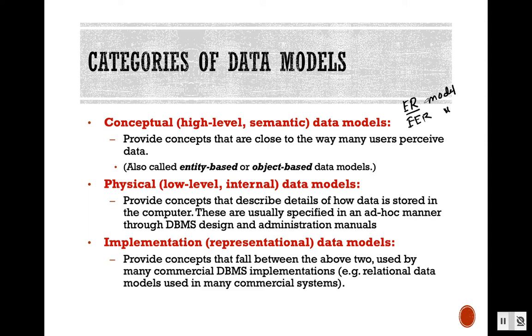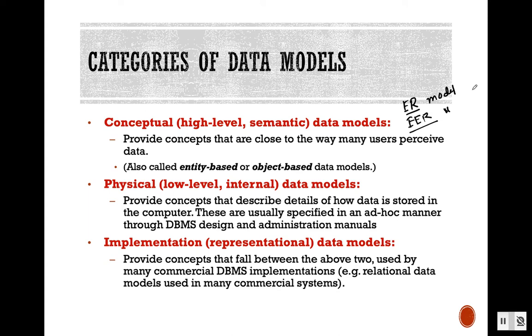ER model stands for entity relationship model. EER model stands for enhanced entity relationship model. In this entity relationship model, the data model is represented using a set of entities and the relationships between them. Those models are at a very high level or semantic level.